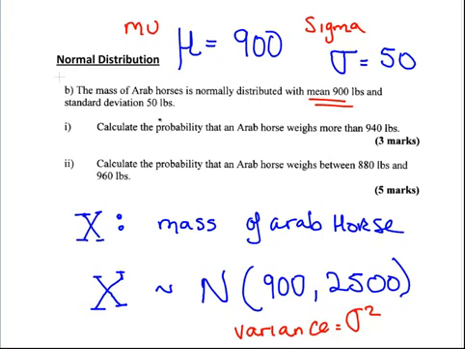Okay, so calculate the probability that an Arab horse weighs more than 940 pounds. So how we might write that mathematically.